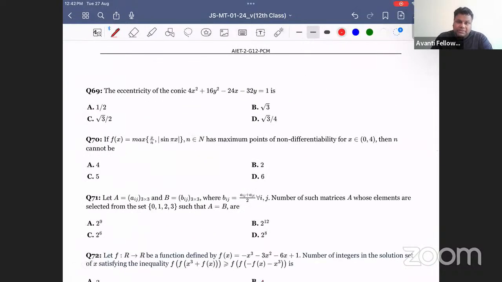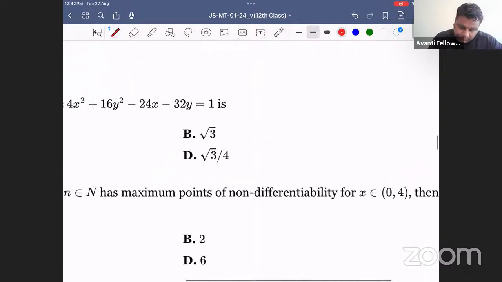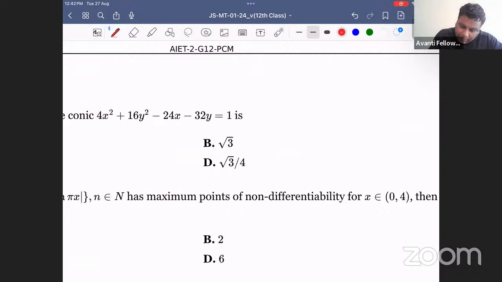Come to question number 69. It is 4 times x square minus 6x plus 16 times y square minus 2y equals 1.